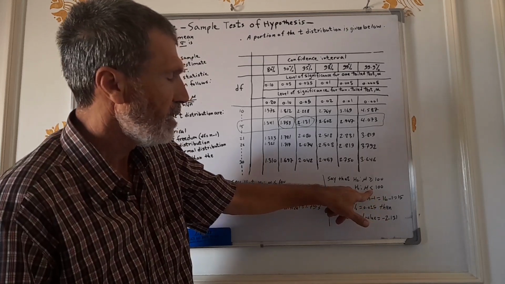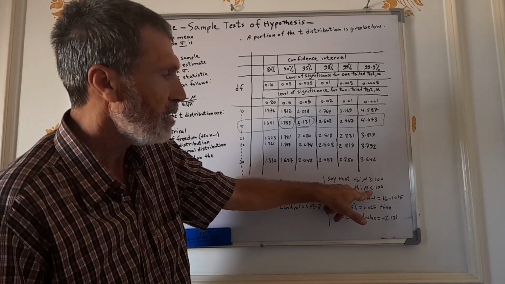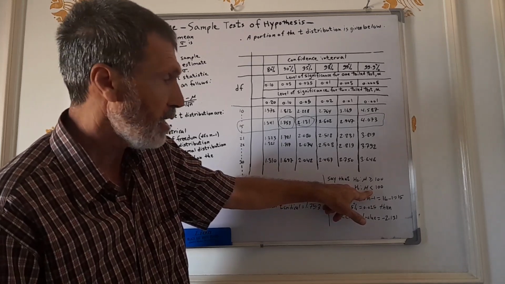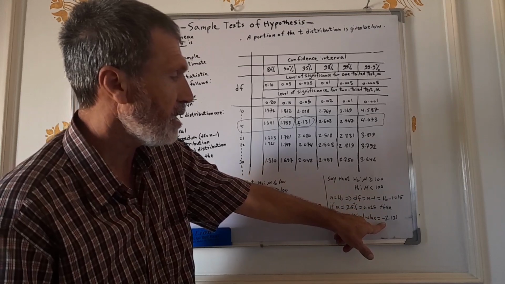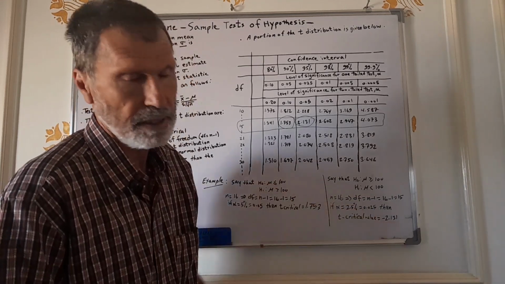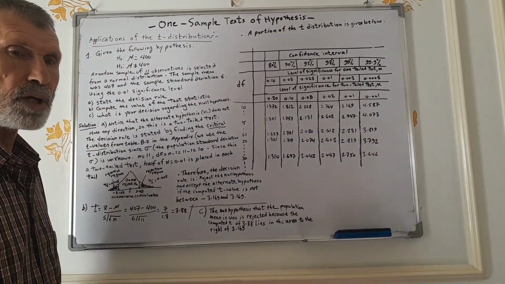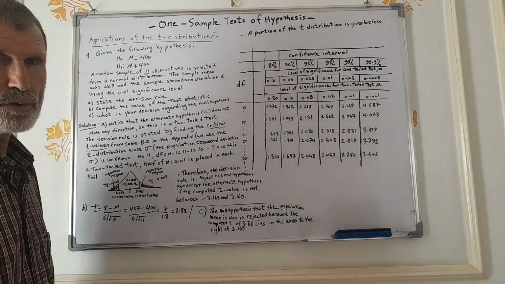Because the rejection region is in the left tail, or the lower tail, we write the critical value to be negative 2.131.